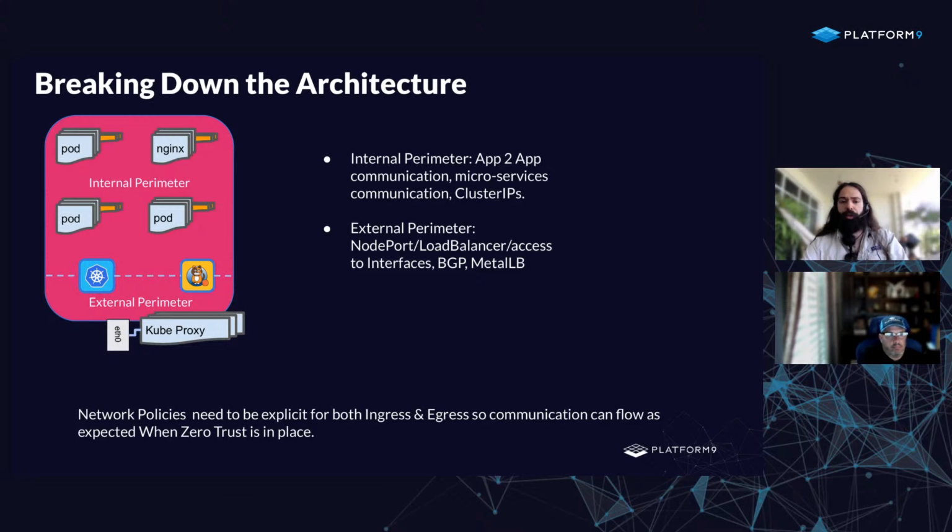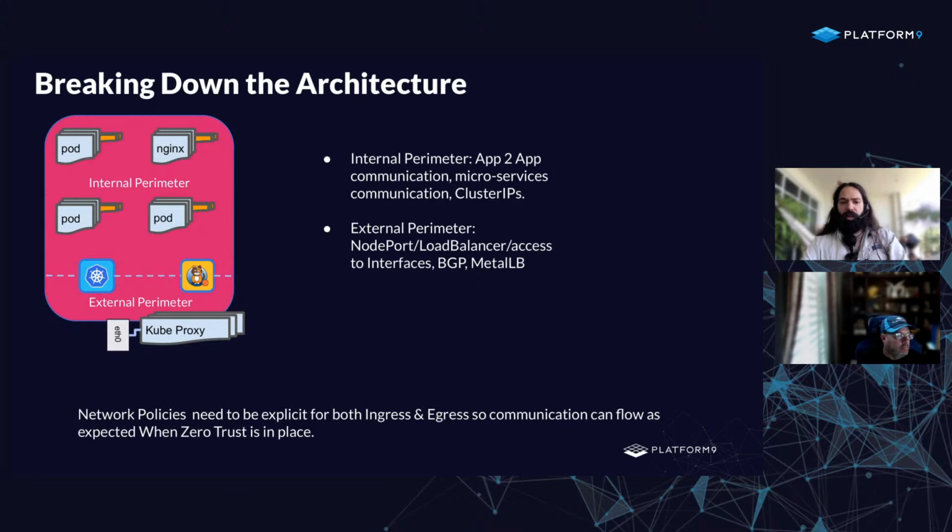We're going to talk more about where we can apply rules internally and externally, even though from your perspective, everything is considered internal and hostile. So just to give a little more preamble, what is an internal perimeter? It's any app-to-app communication, microservices communication, and cluster IPs. That's what falls under the category of internal perimeter.